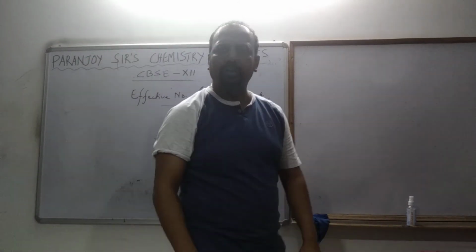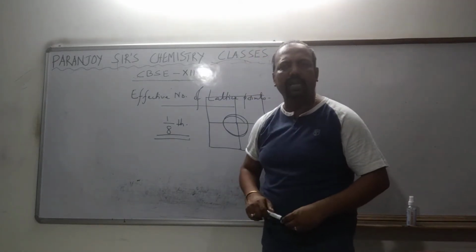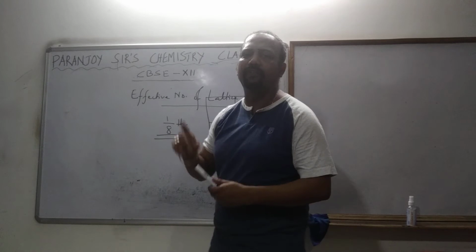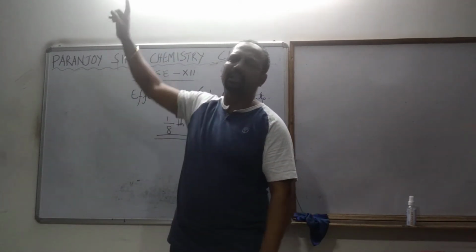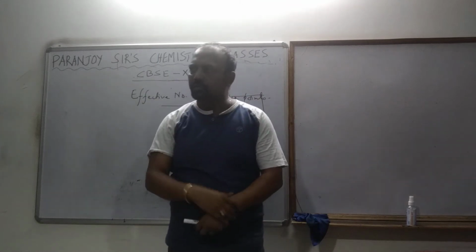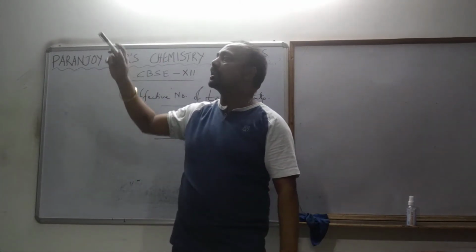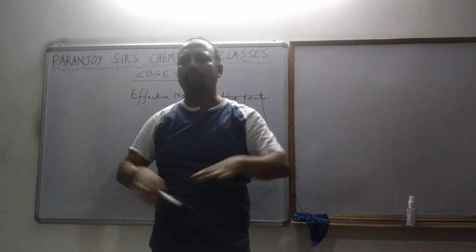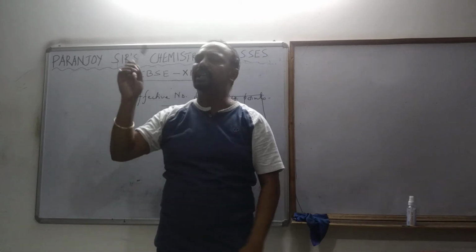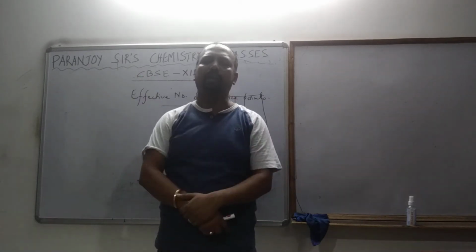So that's the effective number of a lattice point in a unit cell present in the corner. In one unit cell, effectively, though you said for a simple cubic cell there are 8 in the 8 corners, they are not contributing wholly to this particular unit cell.